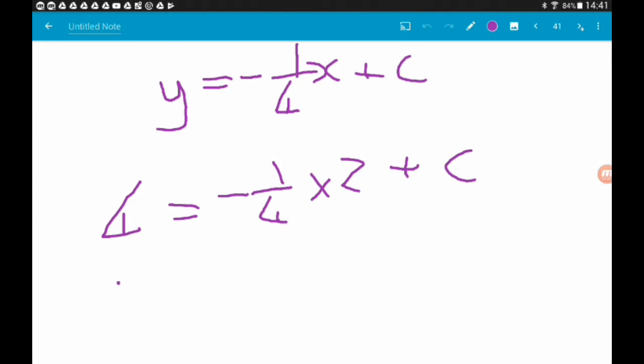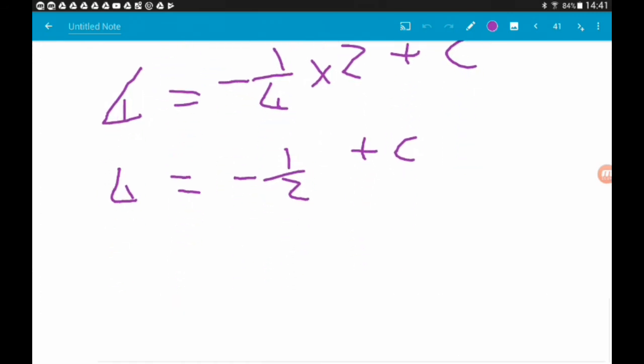So we get 4 is, well, minus 1/4 times 2 is minus 1/2. If we then add the 1/2, we get c is equal to 4.5 or 9/2.